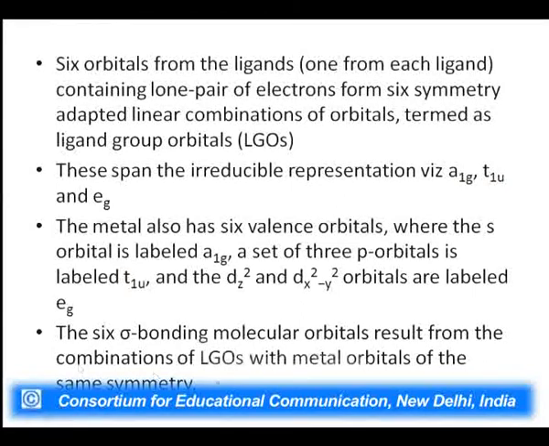The 6 bonding MOs resulted from combination of LGOs with the metal orbitals of the same symmetry, and similarly 6 antibonding MOs have resulted. This LGO concept is important because we have to match the symmetry of the metal d orbital with the ligand orbitals. Unless it is done, you can't have a proper symmetry or a proper orientation of these orbitals in space for an orbital overlap to take place and a complex to be formed.